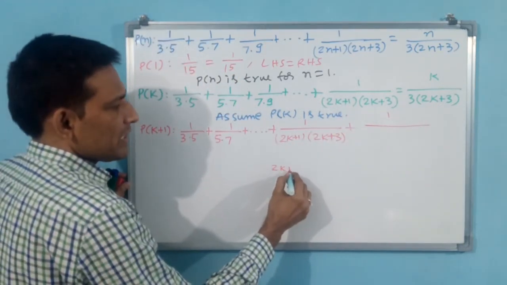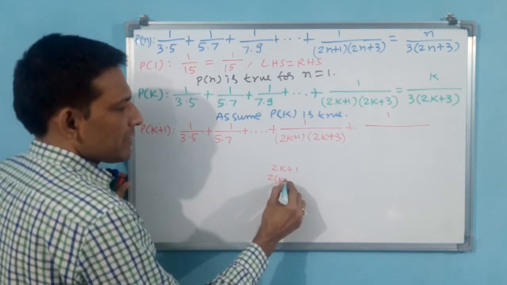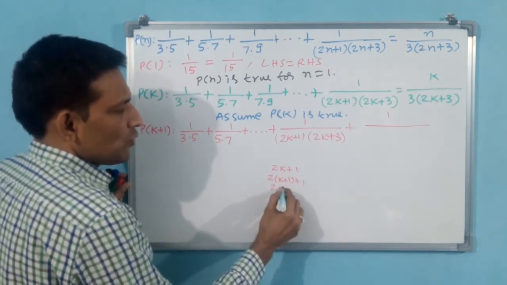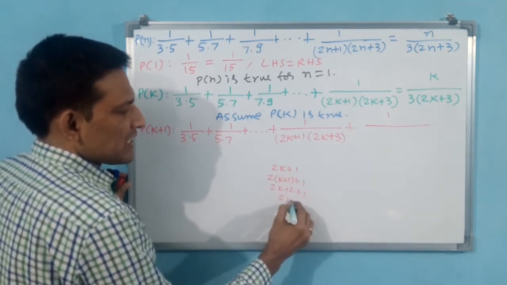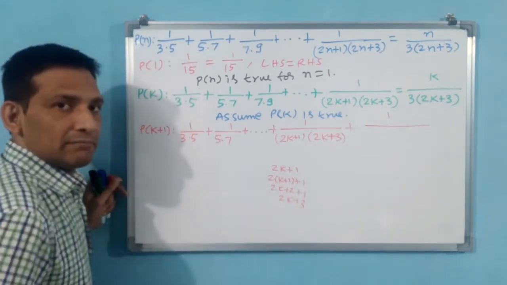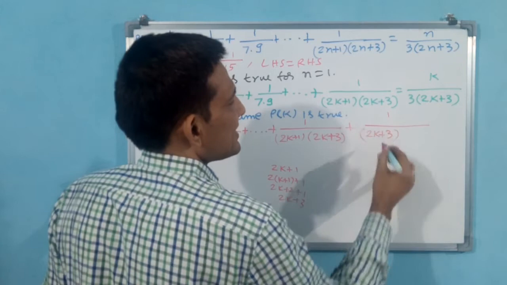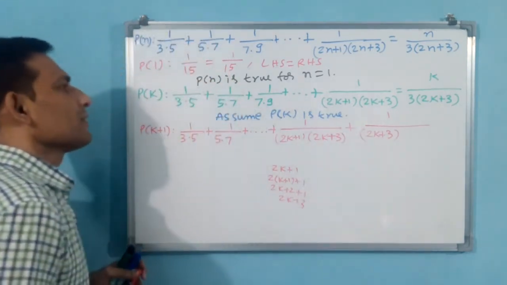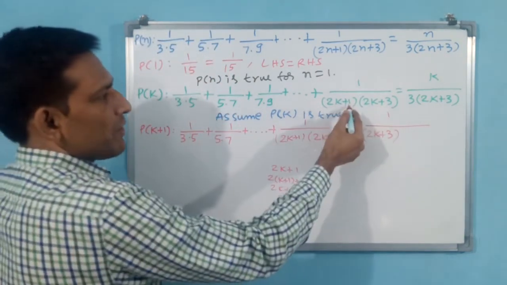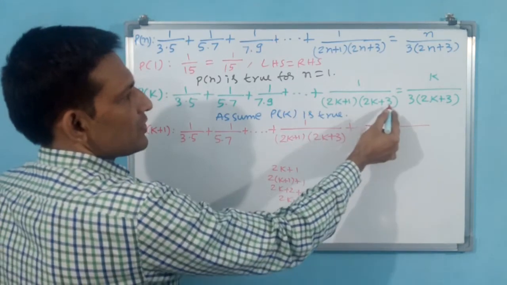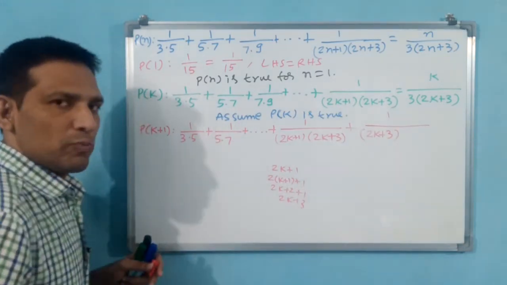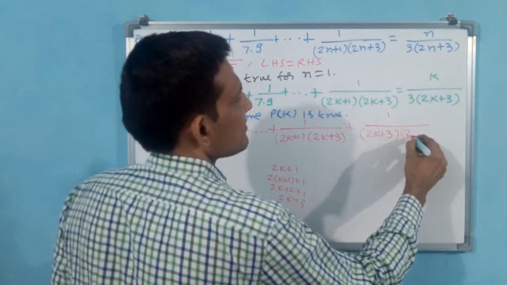You see, 2 of k plus 1 you have to write: 2k plus 2 plus 1, 2k plus 3. Directly I am writing 2k plus 3. Write down 2k plus 3. See, 1 is there, 3 has come. 3 is there, 5 will come. 2k plus 3, 5.